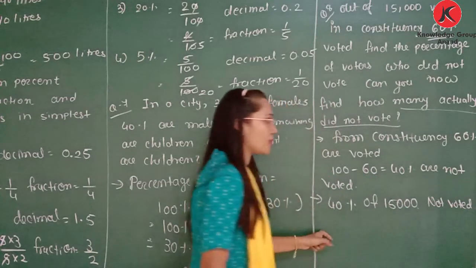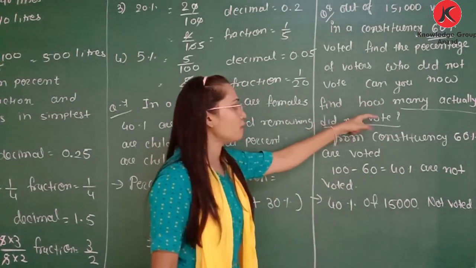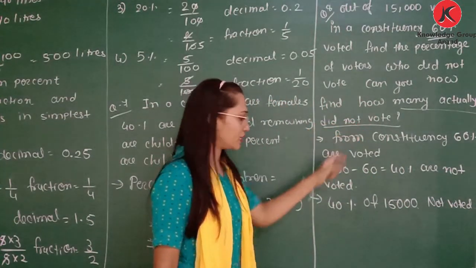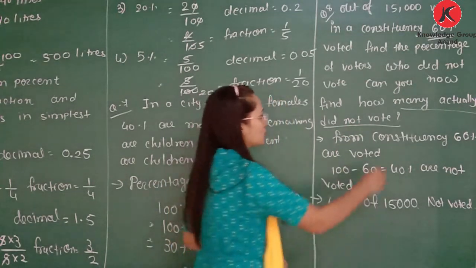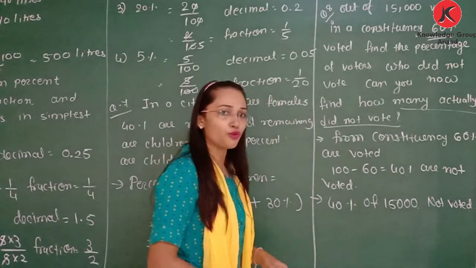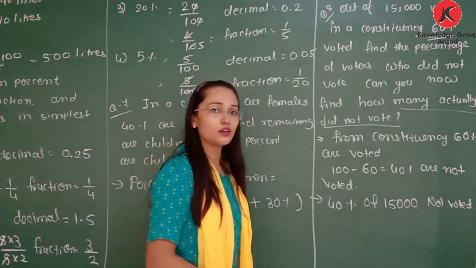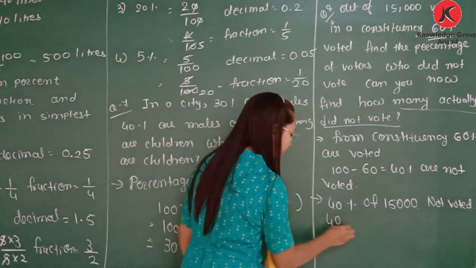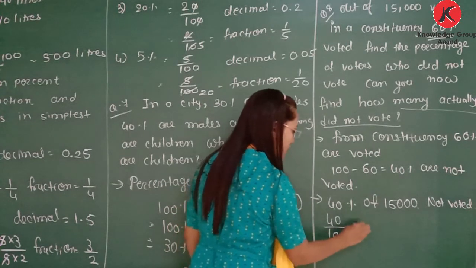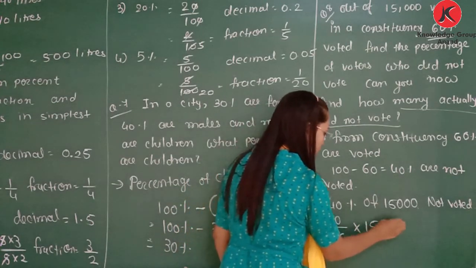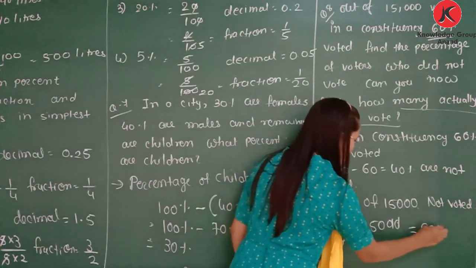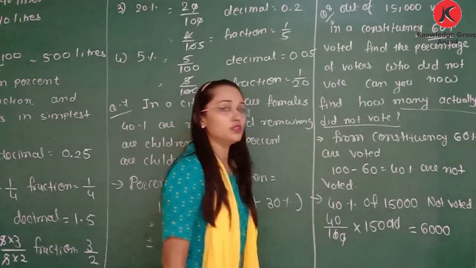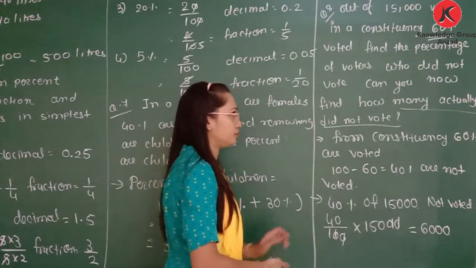If the question were to find the number of people who actually voted, then you need to find 60% of 15,000. But here the question is how many people did not vote, so it is 40% of 15,000. So 40 divided by 100, of means multiplication, 15,000. 20 will be cancelled out. So it is 6,000. So 6,000 people did not vote.